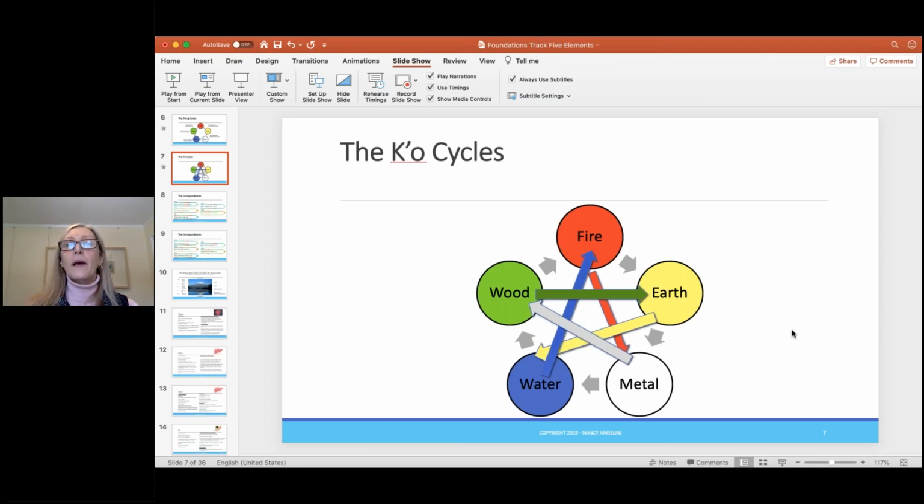So how do we help ourselves if we're stuck in one of these pieces? How do we use the other parts of the cycle to help us? If we're so sympathetic that we can't move in the cycle, if we're stuck here in Earth and have a lot of things in Earth out of balance, part of our problem is we're always thinking about others and not about ourselves at all.